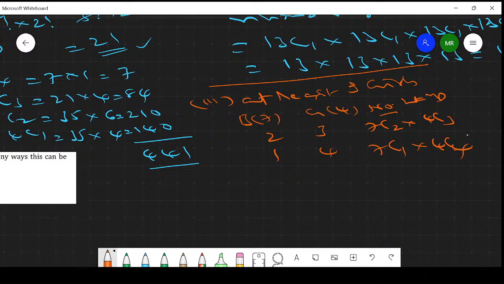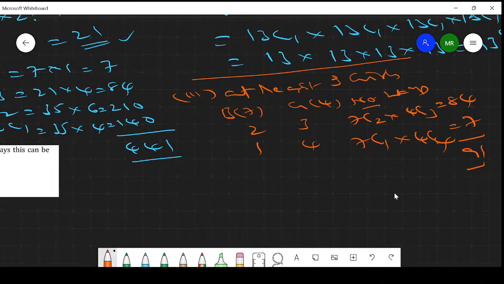You find these values. 7C2 we know is 21, into 4, this will be 84. And 7C1 is 7, into 4C4, this is 7. Total we will get 91. This is the required number of ways, 91. The previous case, you take the first two sub cases, you will get the required answer 91. That will be 91, a most important problem.